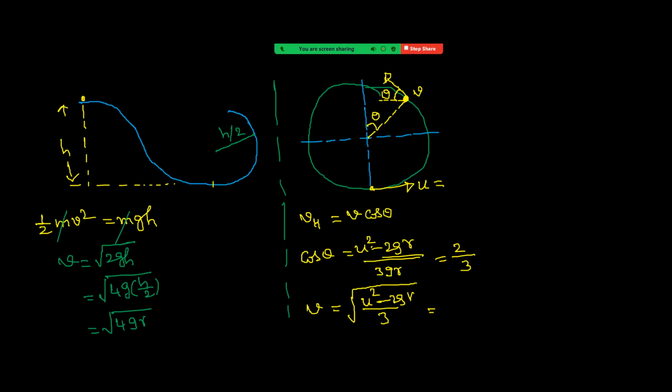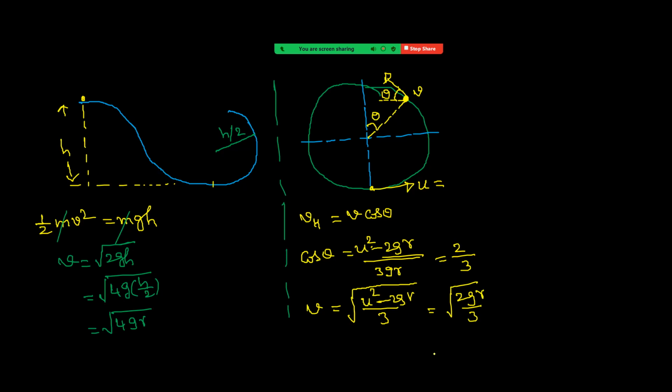It is u square minus 2gr. The u square value is 4gr. 4gr minus 2gr, that becomes root of 2gr upon 3.